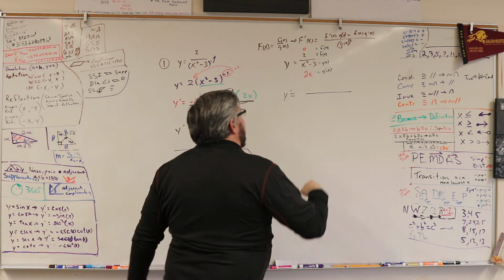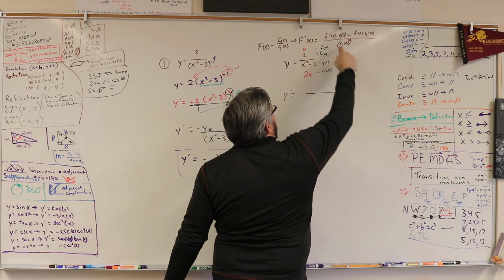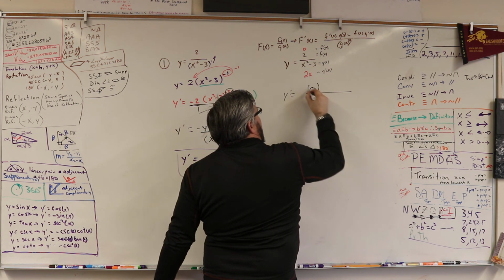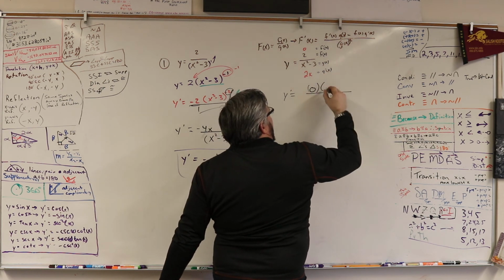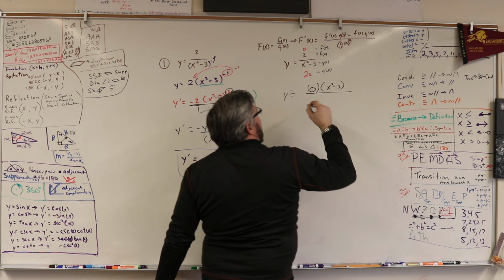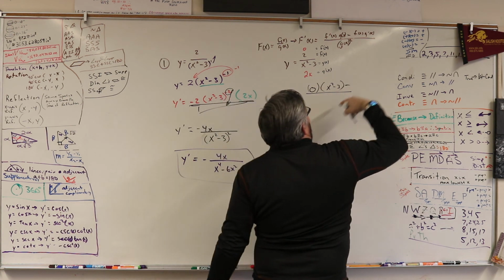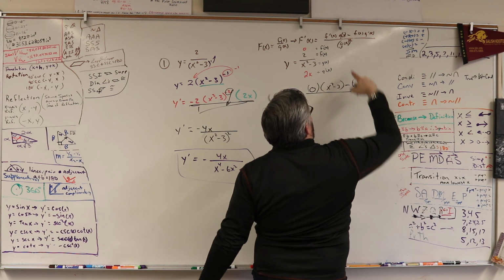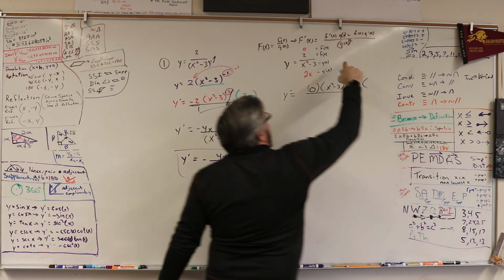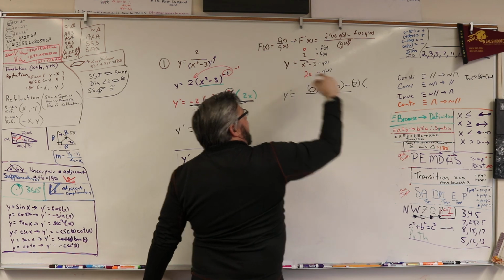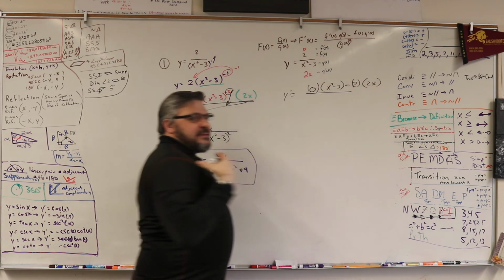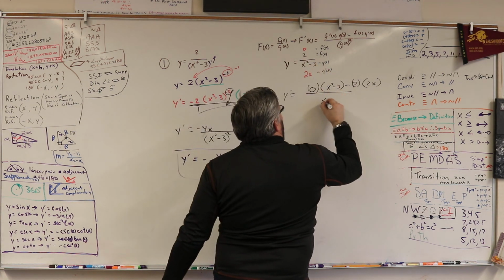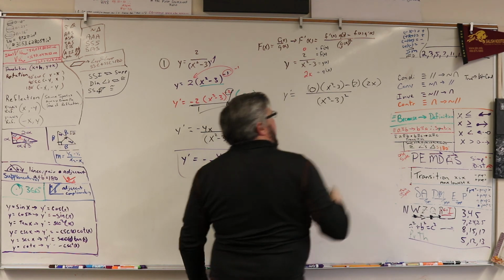So right away, I take the derivative of the top, that is 0, times the bottom, which is x squared minus 3, minus the top, which is 2, times the derivative of the bottom, which is 2x, all over the bottom, x squared minus 3 squared.